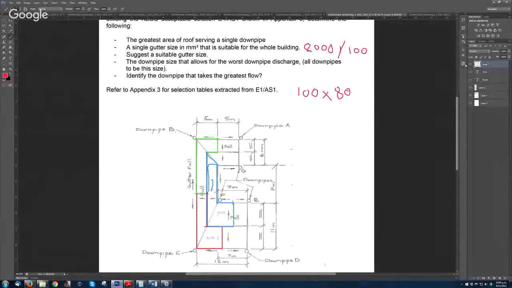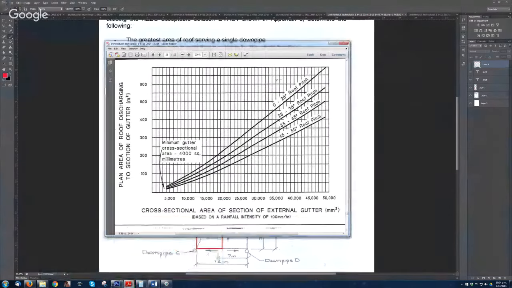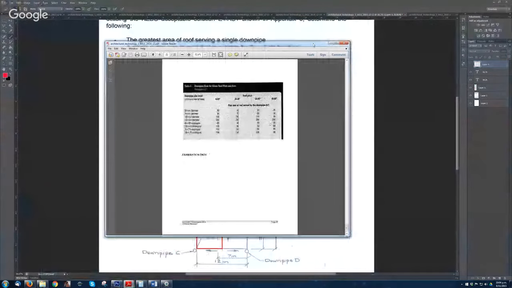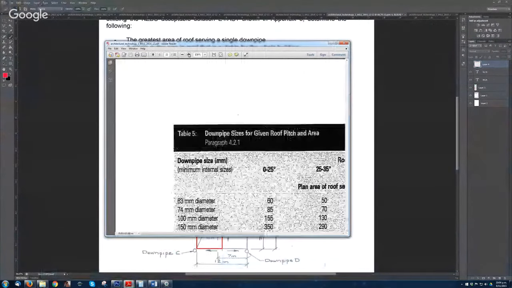Okay, now for downpipe size, they allow for the worst downpipe discharge. So the worst is going to be the biggest, so it's still 59.25. So this time you go to this chart.